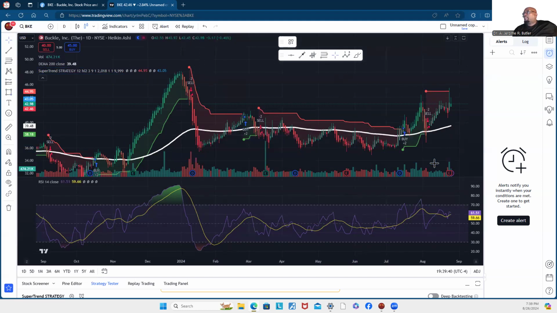There's not a lot. But you see it consolidated, or as people like to say, it's running sideways.